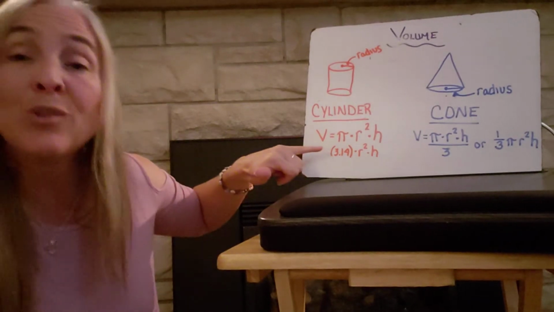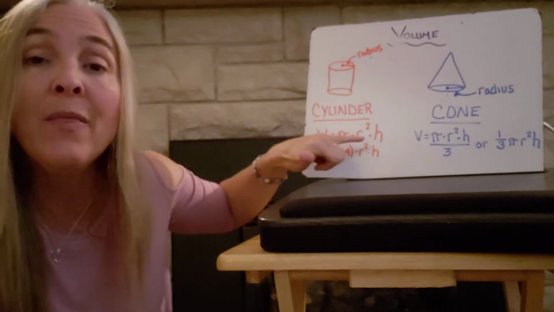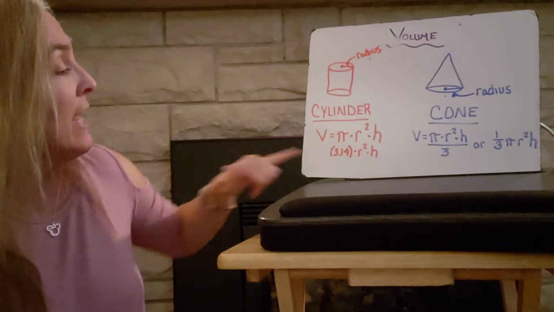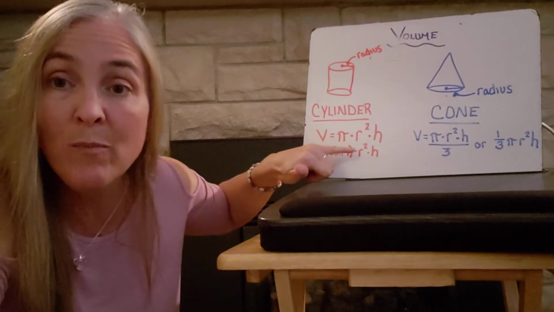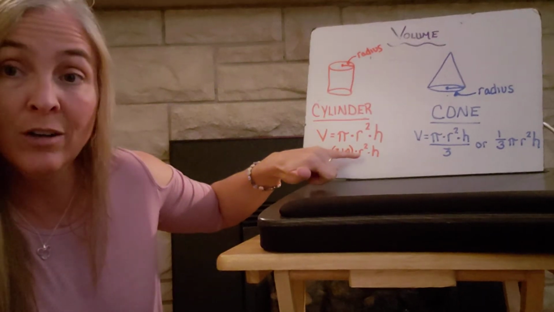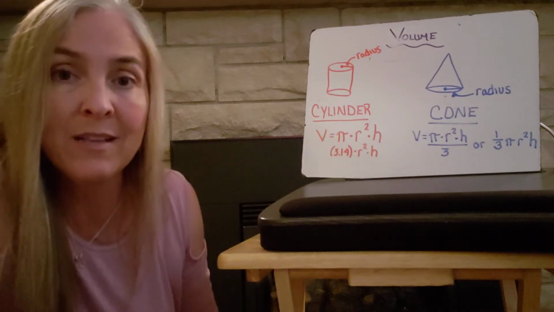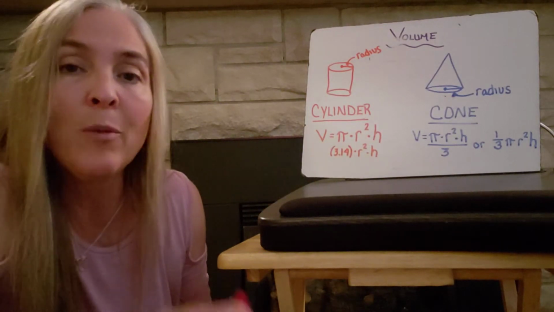So use 3.14, take that times your radius squared, and then take that times your height. If you don't remember where your squared button is on your calculator, you can do 3.14 times r times r times the height. And I'll give you an example just to make sure you remember how to plug that in.